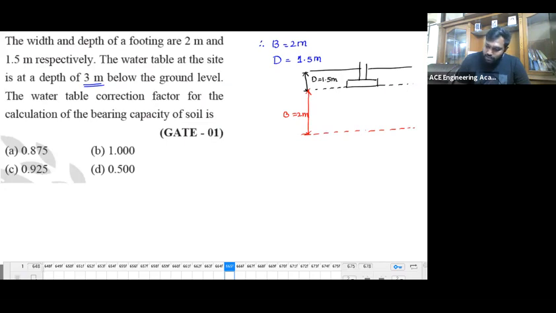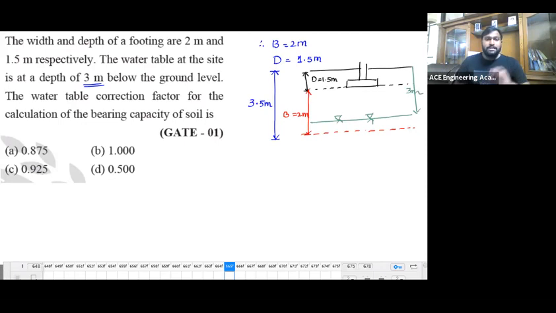Which means the total depth from the top to bottom is 3.5 meters. The water table is 3 meters below the ground level.